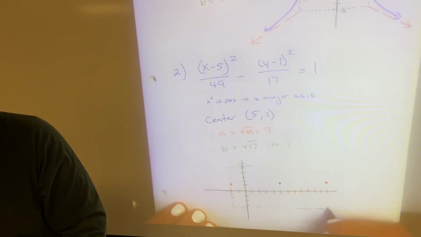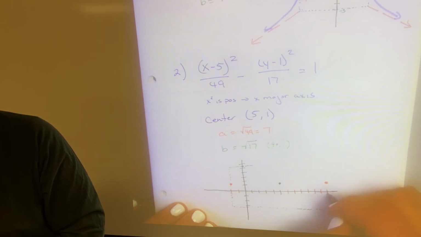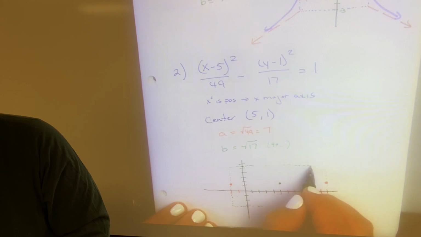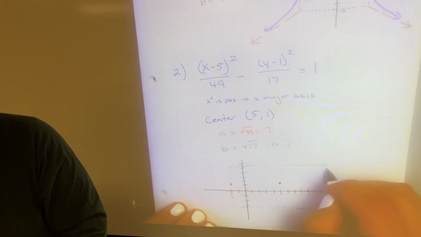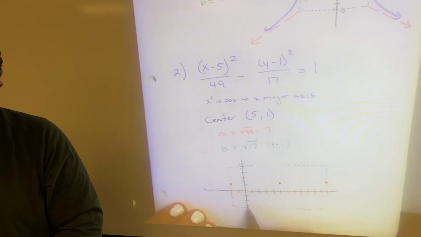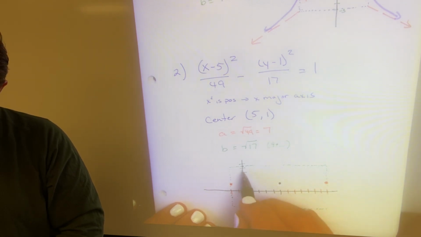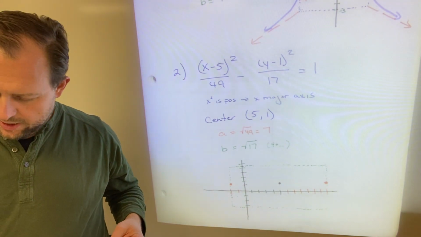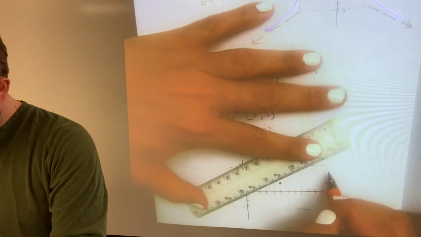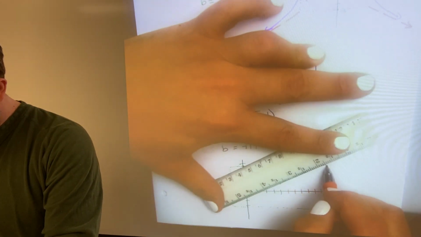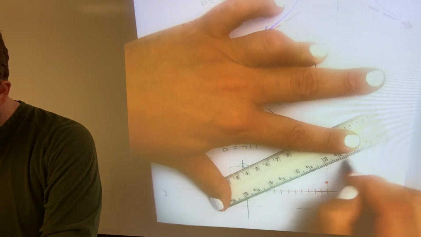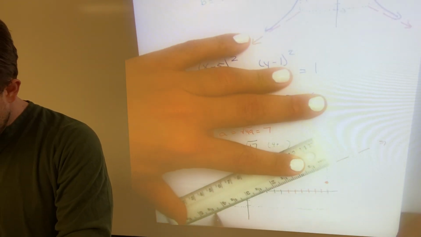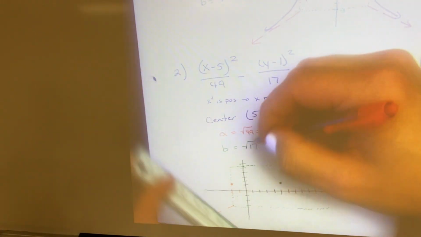A large rectangle, because we went all the way out to 9, 1 here, and back to -2, 1, and then the sides were down 4 from the 1 and up 4 and a little from the 1. And then that gives us our asymptotes. You know, it's bad when my ruler's not even long enough to draw it.